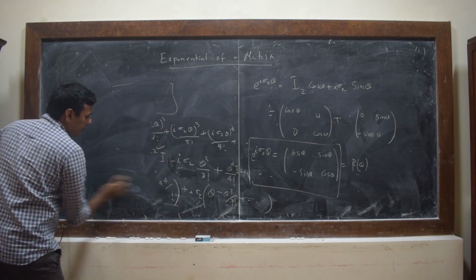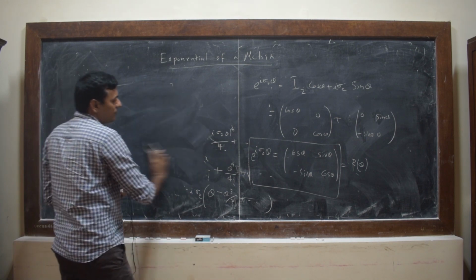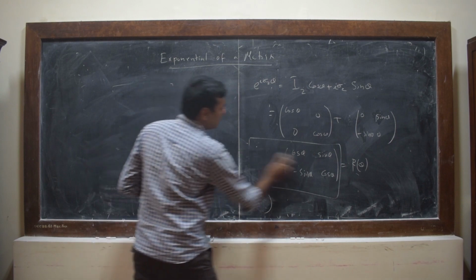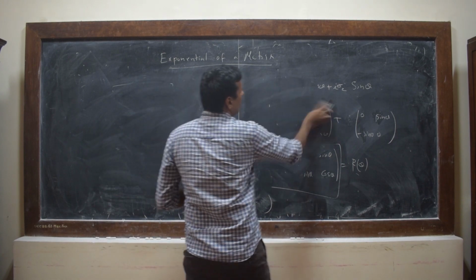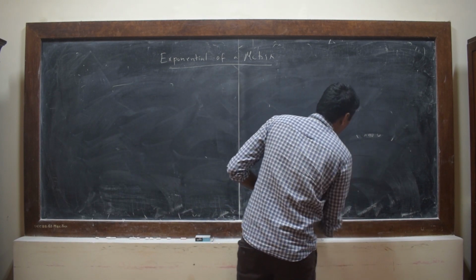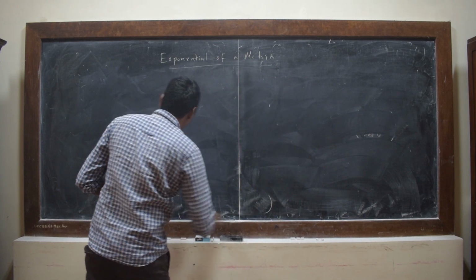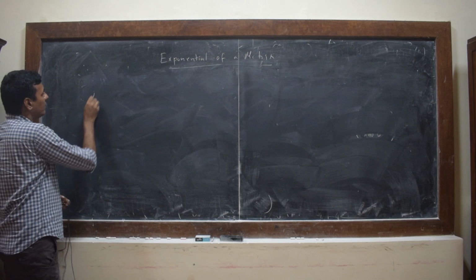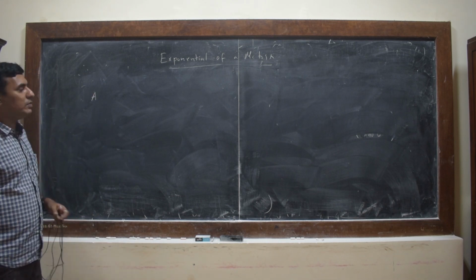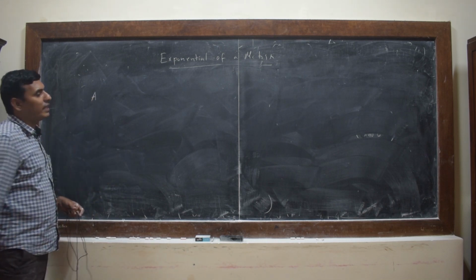Now suppose that you have a matrix A, and let this matrix be a diagonalizable matrix.